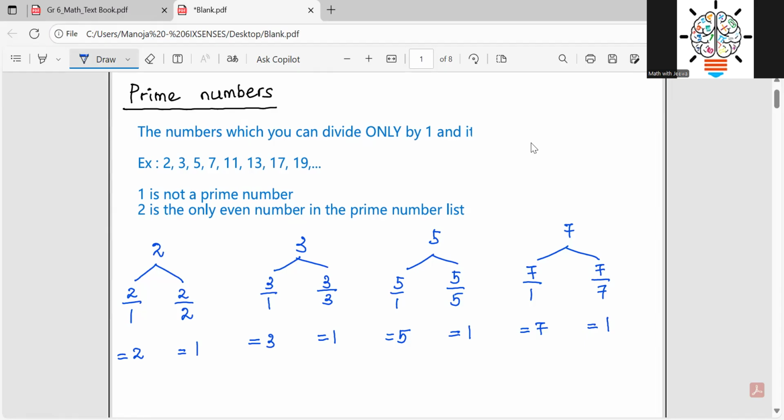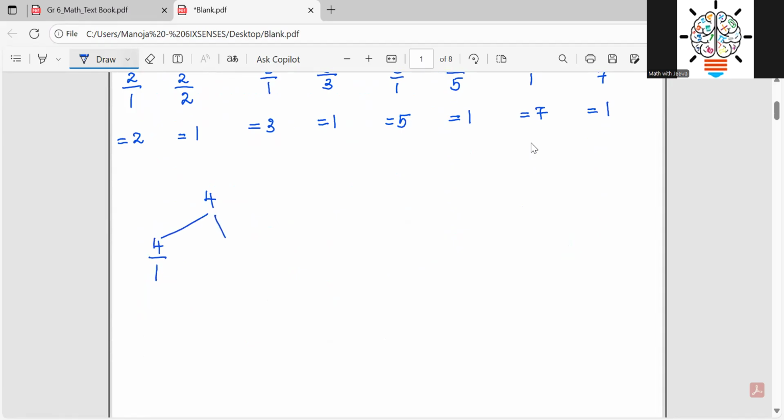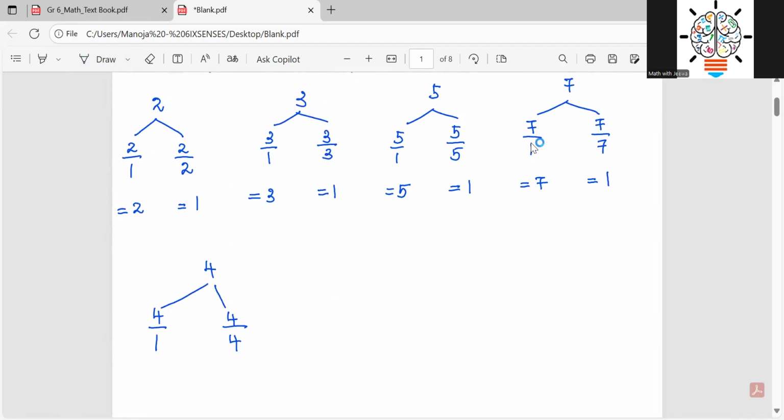Now you can see, all the prime numbers I can divide by 1 and itself, that's it. I don't have any other number to divide them by. But if I take 4, I can divide 4 by 1 and by itself, like all the other examples.